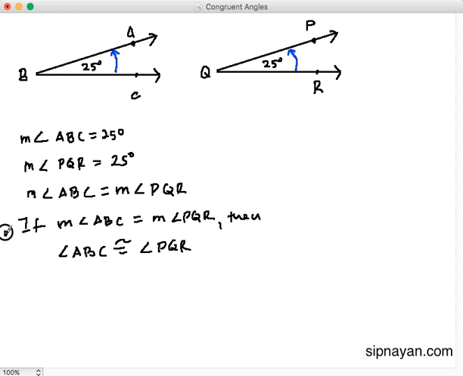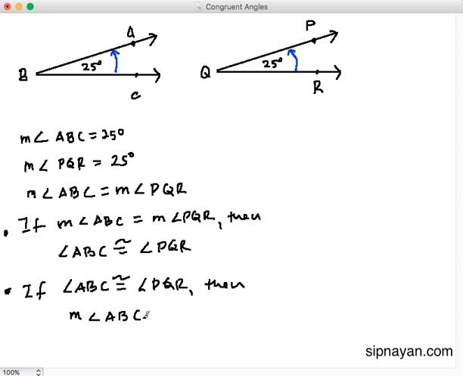No? So, again, also, yung kanyang kabaliktaran, converse niya, if angle ABC is congruent to angle PQR, then measure of angle ABC is equal to measure of angle PQR. No?